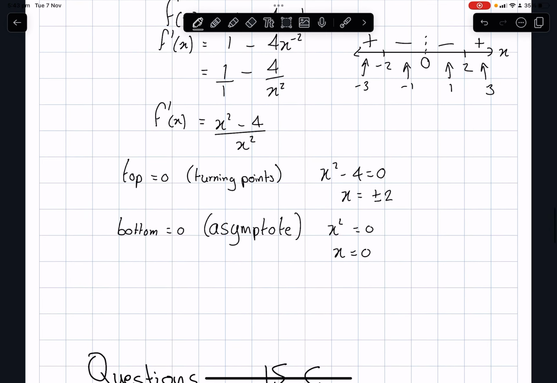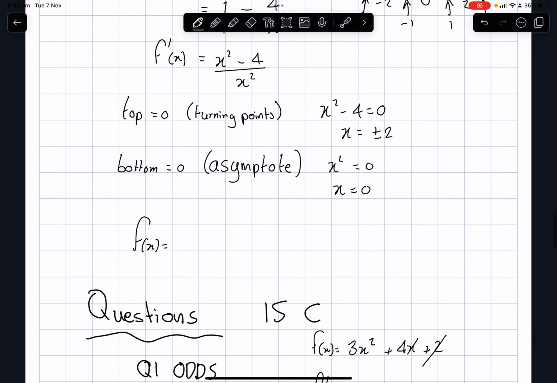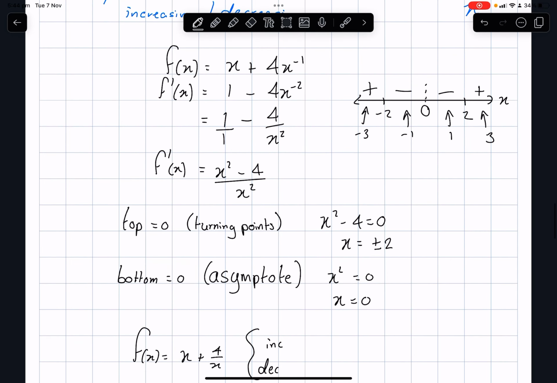So for my function f of x equals x plus 4 on x, I've got increasing and decreasing intervals. Now, I'm increasing when x is to the left of -2. So that means when x is less than or equal to -2. And I also have it increasing when x is bigger than +2.